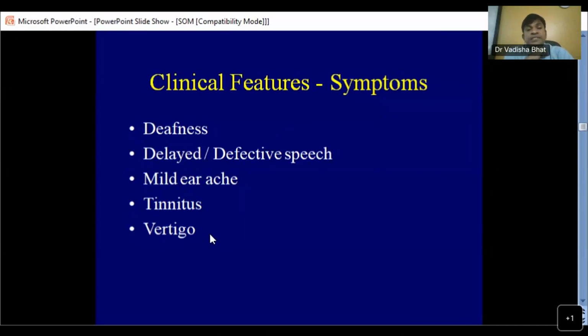However, the predominant symptom is deafness, but the deafness is not always reported by the person having the disease, because it is small kids who have the disease, and it is noticed by either the parents or the teachers. And next is delayed or defective speech. Why delayed or defective speech?